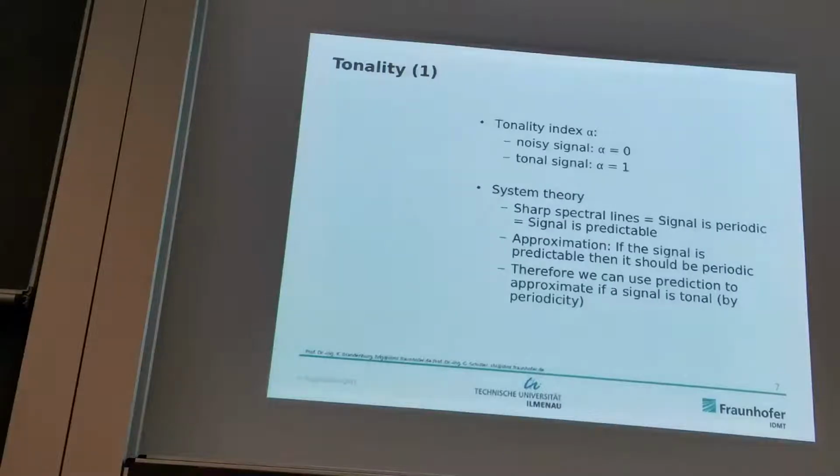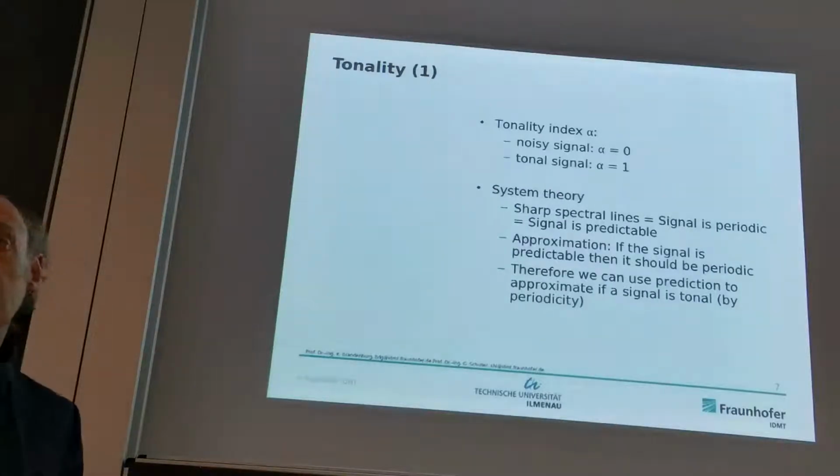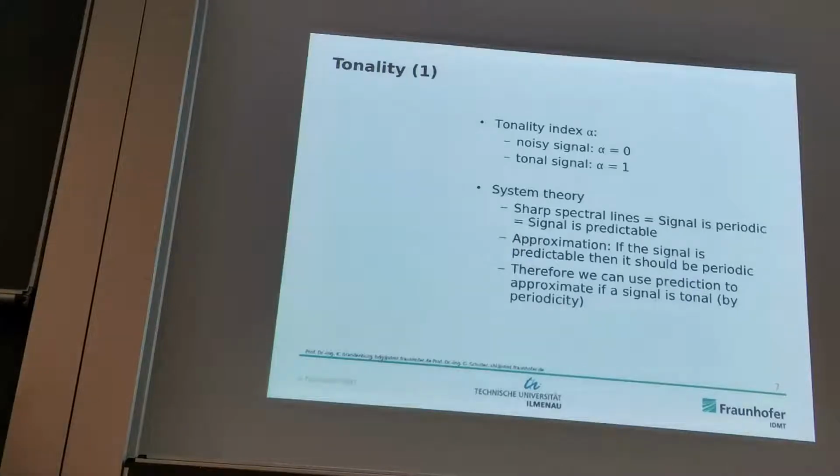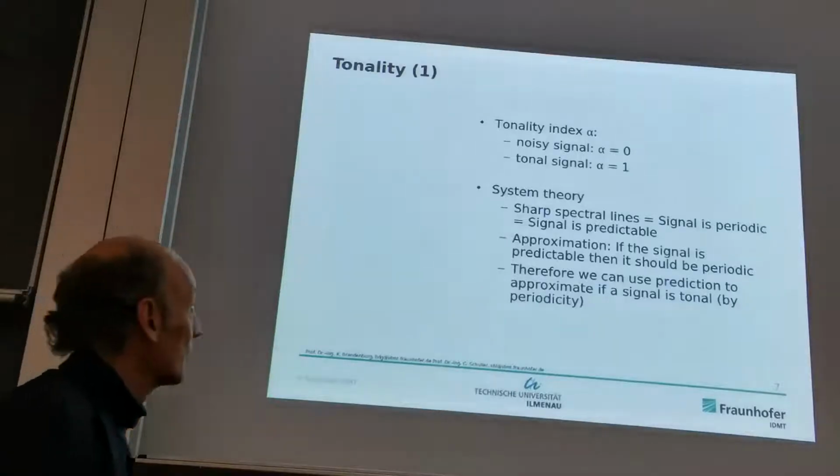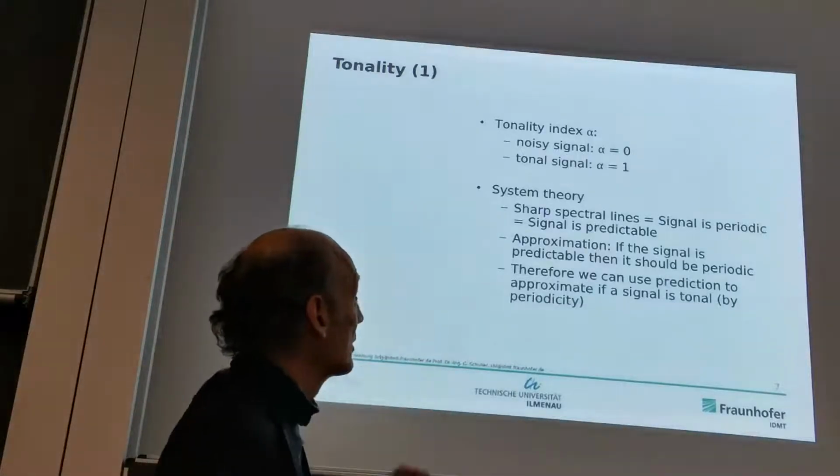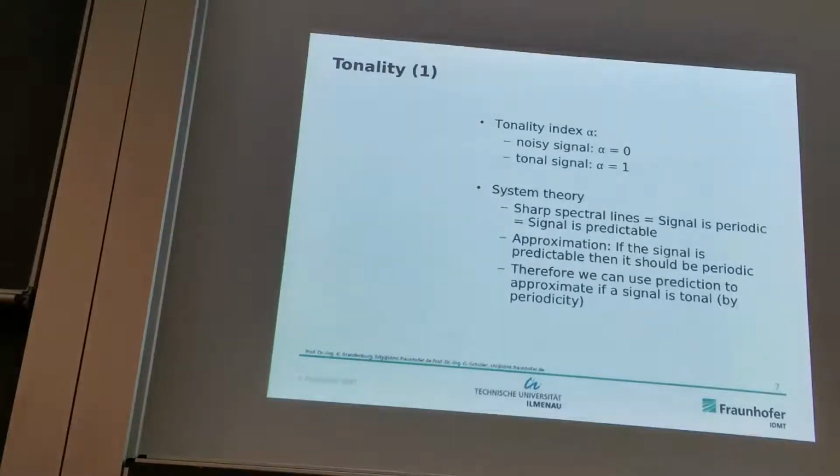Yeah, often we need a so-called tonality, because the ear treats tonal sounds, tonal audio signals, like a tone from the flute, differently than noises or narrowband noises like hissing sounds like S. And for this we can define a tonality index, which is 0 for a noisy signal and 1 for a totally tonal signal.